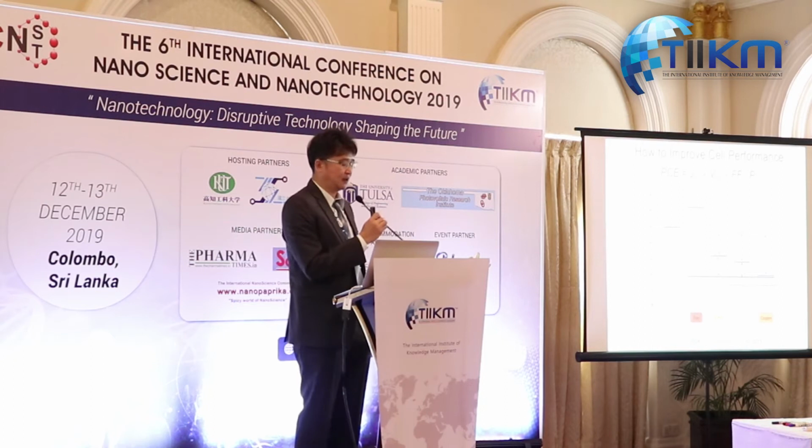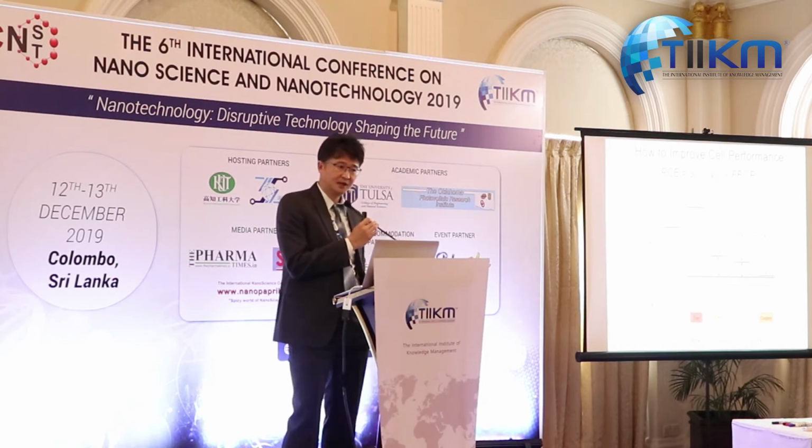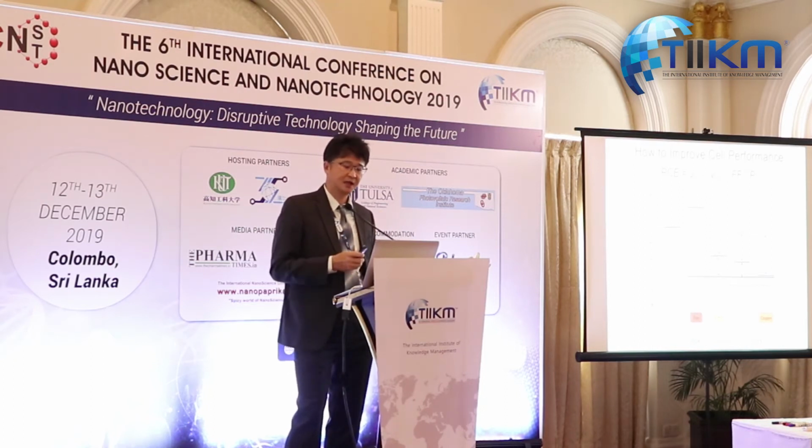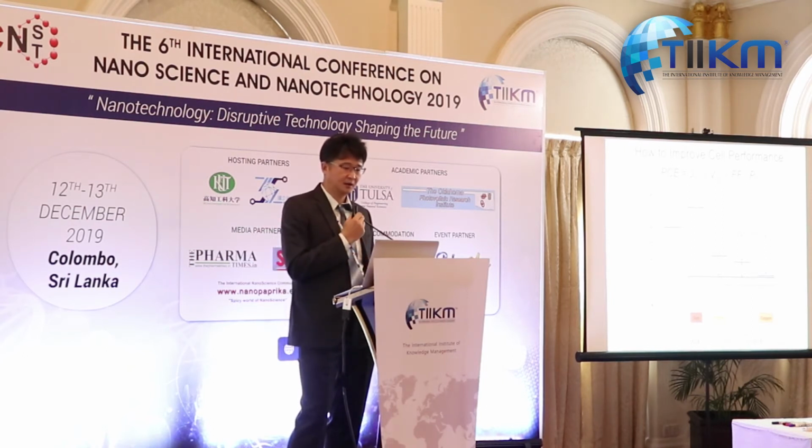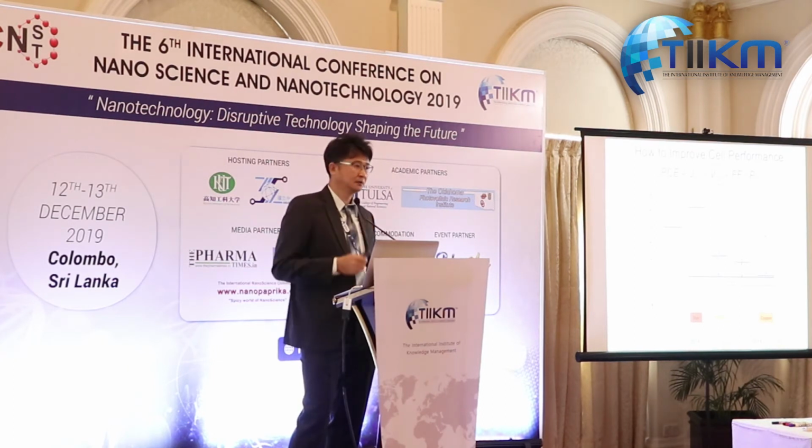As mentioned, the overall PCE of DSC is a product of JSC, VOC, and fill factor. In addition to increasing the photocurrent, we can also increase the VOC if we use an electrolyte with a more positive redox potential.